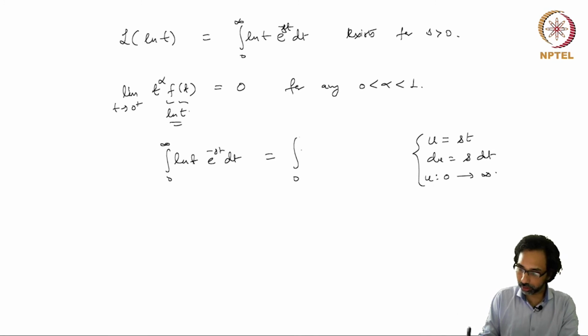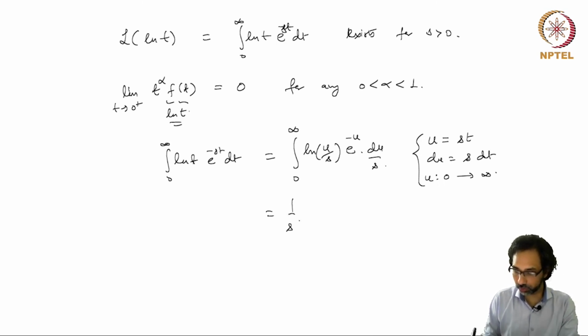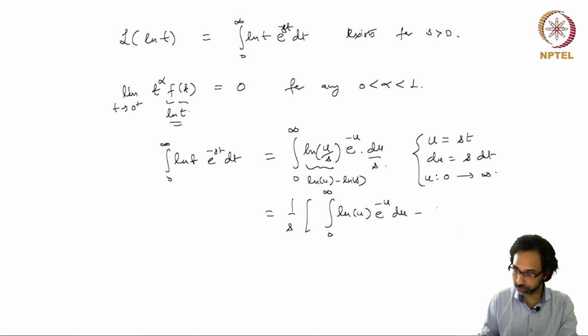So we will get the integral from 0 to infinity of ln of u by s times e to the power minus u, and then you have du over s. So 1 over s comes out, and you can write this as ln u minus ln s. So this is the integral from 0 to infinity of ln u e to the power minus u du minus the integral from 0 to infinity of ln s e to the power minus u du.